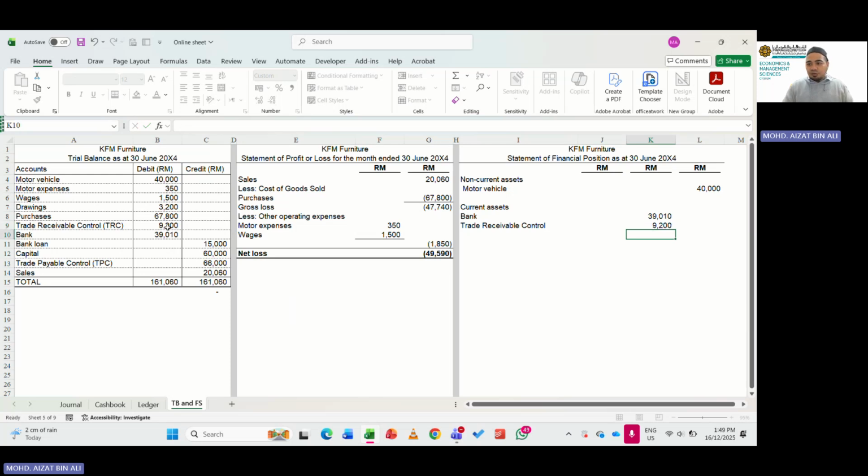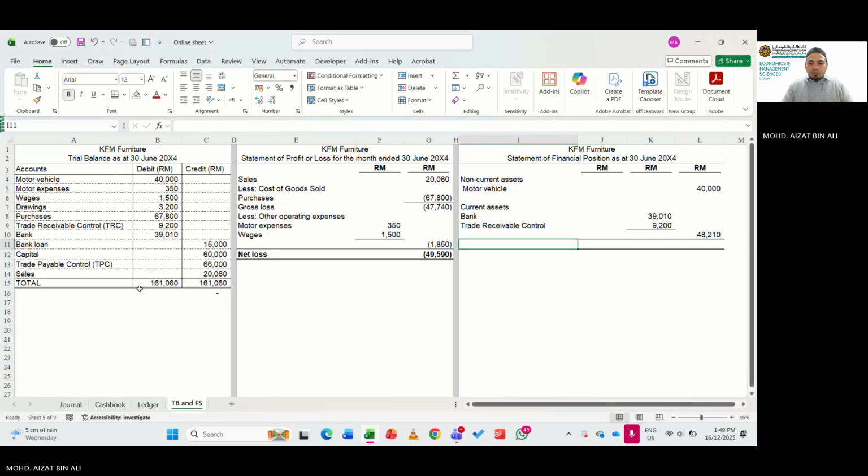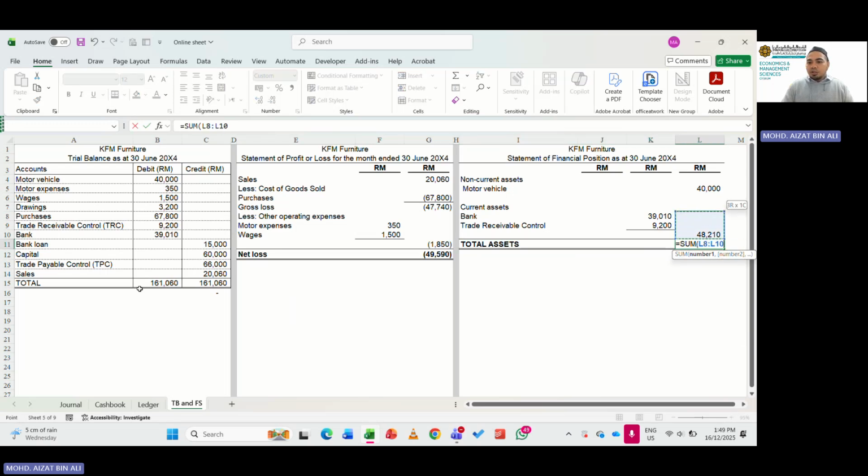Okay, so we have TRC here, and then we're going to total up the non-current assets. So this will be our non-current assets, and then we have our total assets. Okay, total assets would be, we sum the non-current assets and current assets together, and then we have our owner's equity.